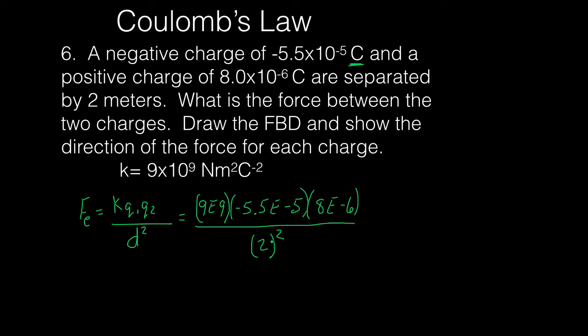Okay, so if I put that in my calculator, you should try putting this in your calculator as well as I go through it. So 9 times 10 to the 9th times a negative 5.5 times 10 to the minus 5th times 8 times 10 to the minus 6th.